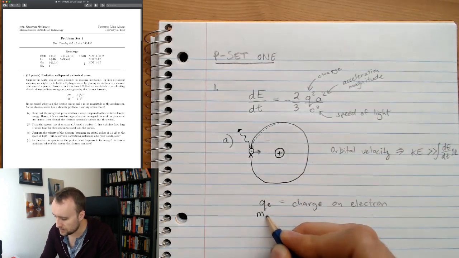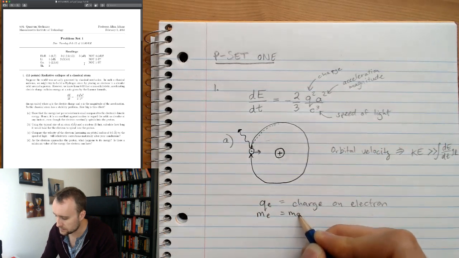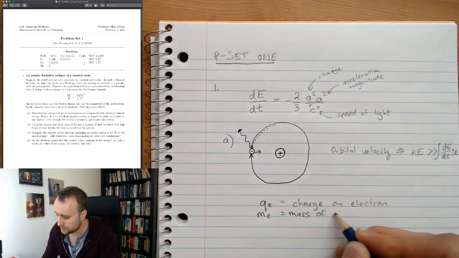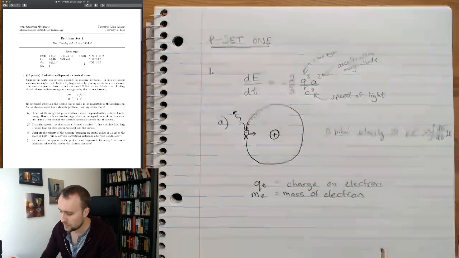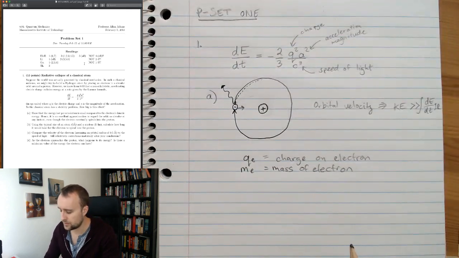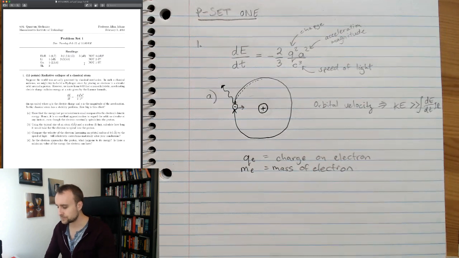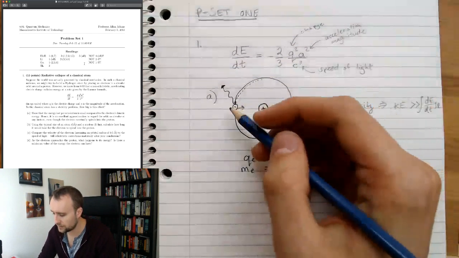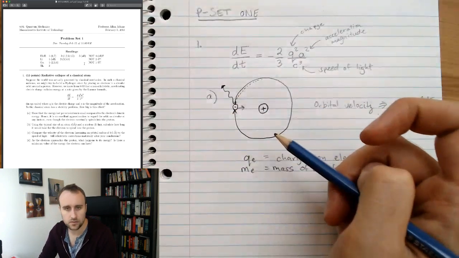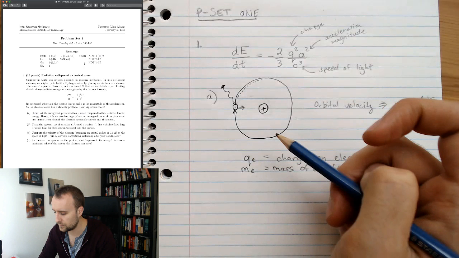M_E is going to be the mass of the electron. And then we need to figure out its stable orbital velocity.